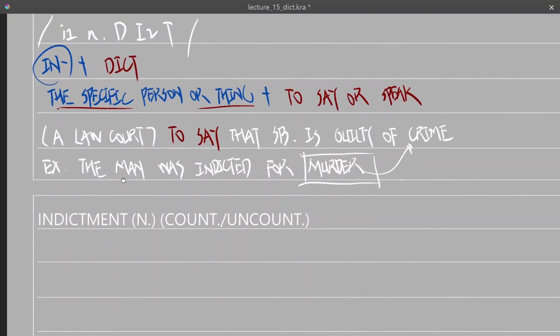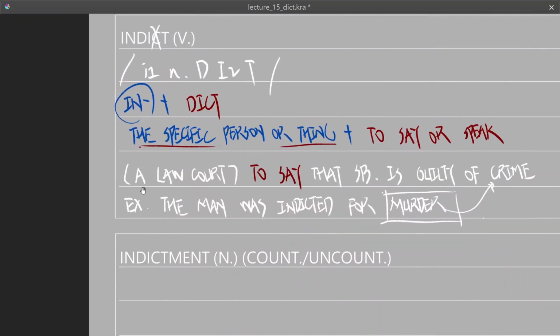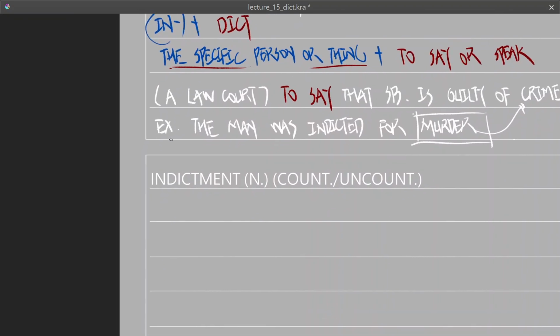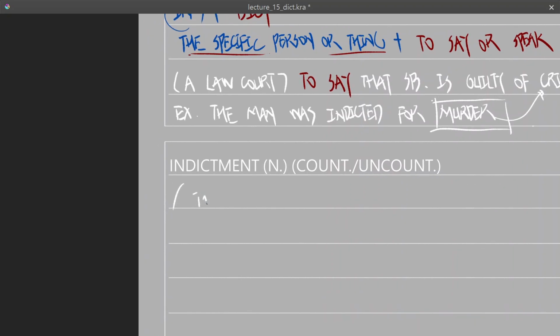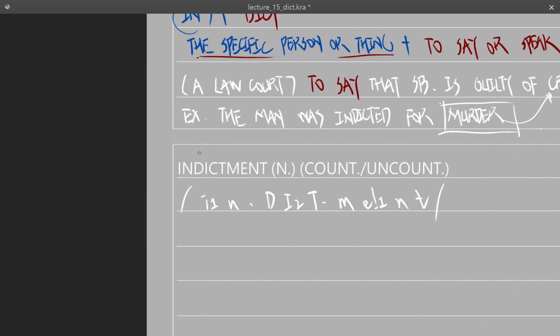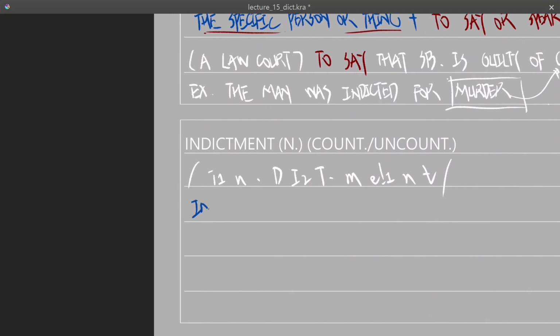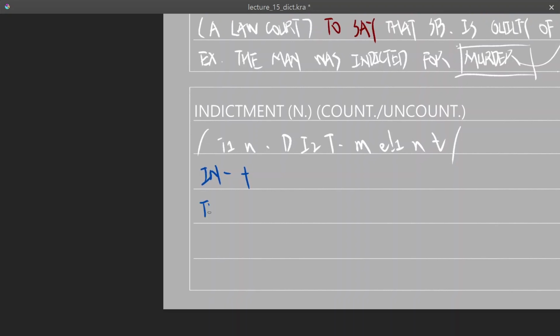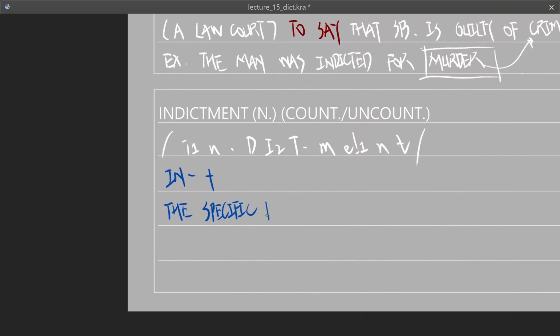Alright. Next we have the noun form of indict. We have indictment. Cool. Again, we have the prefix in, meaning the specific person or thing.